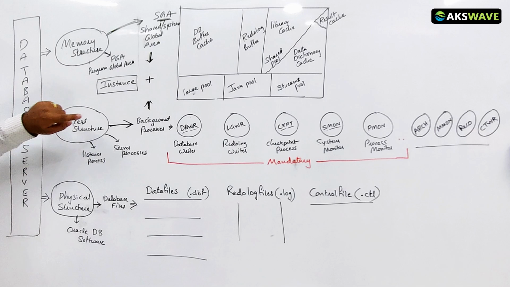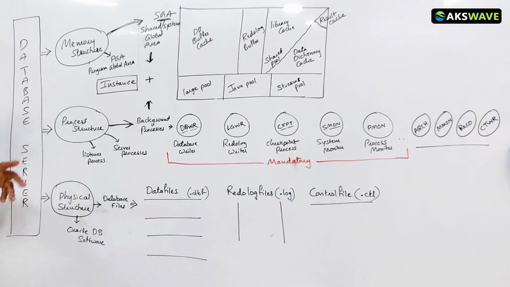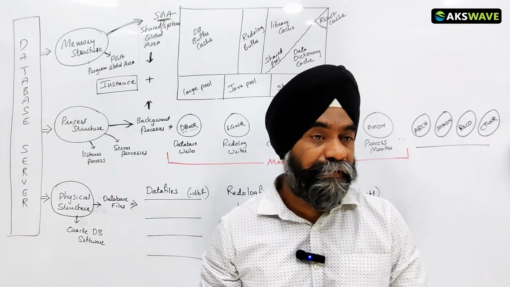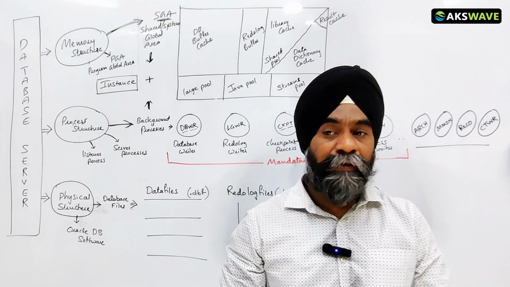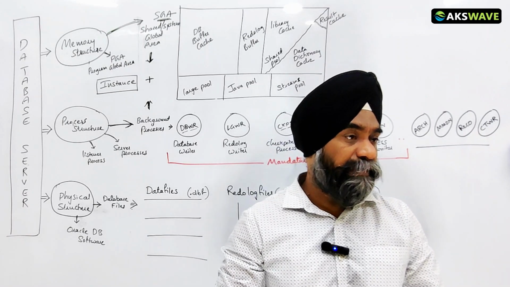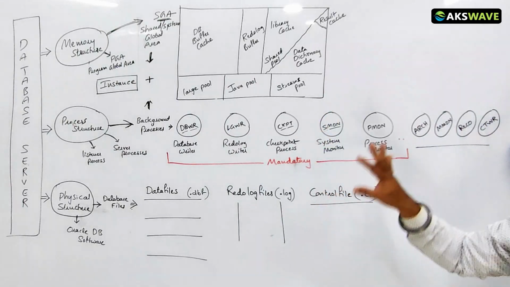So in the process structure, you will see background processes, server processes, and listener processes. The physical structure is the database files and database software. This is about my database server and its components. Understood? Got an idea, an overview? Right. Anyhow, in our architecture sessions, we'll be talking about each and every component that you see here now.